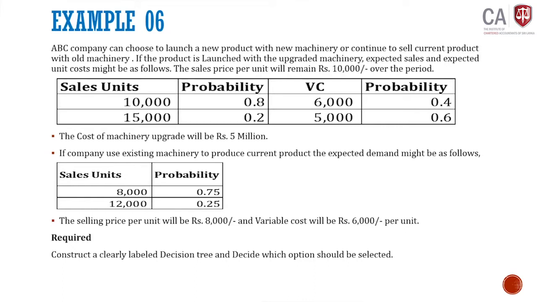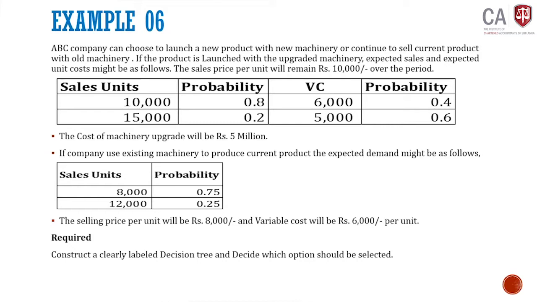Okay, there are two options, two alternatives we need to evaluate. Upgrade the machinery and produce a new product with new machinery, or produce the current product with existing machinery. Those are the two options we need to evaluate.